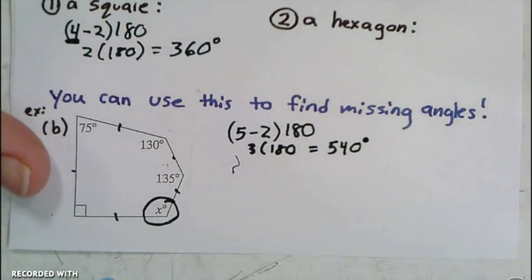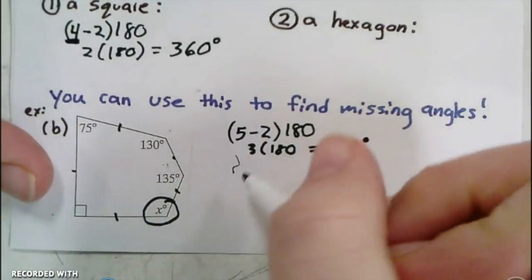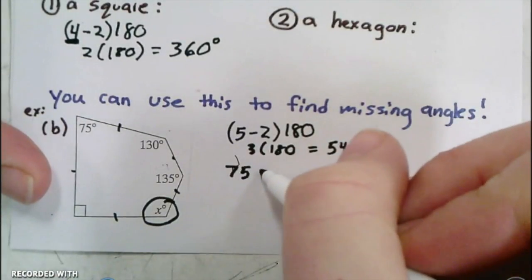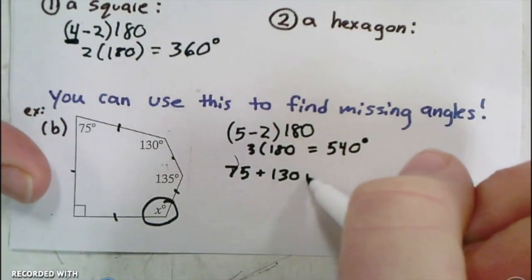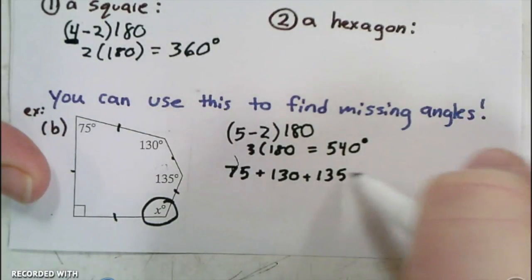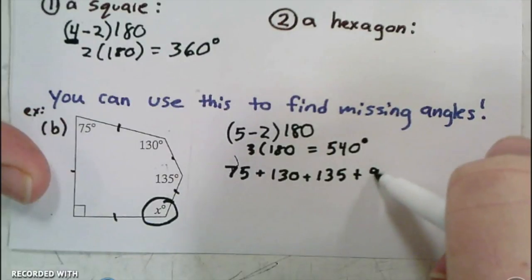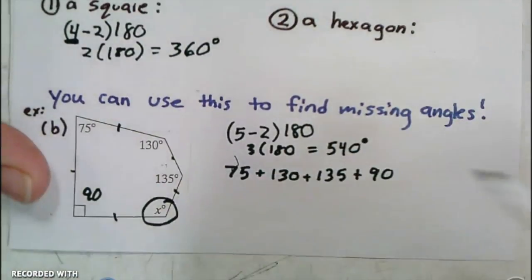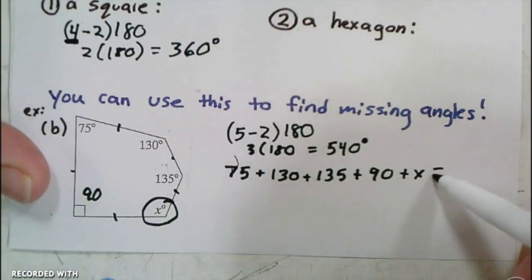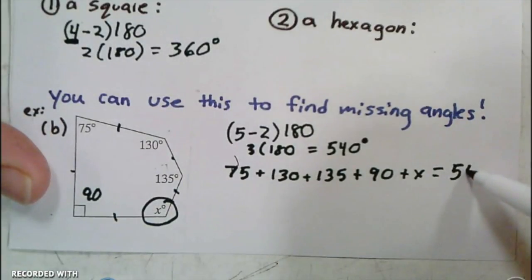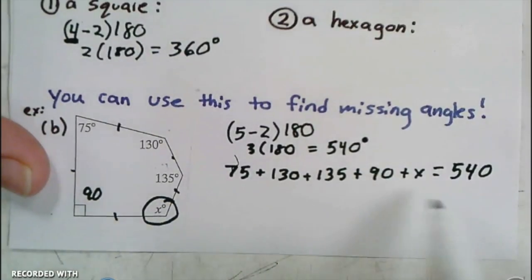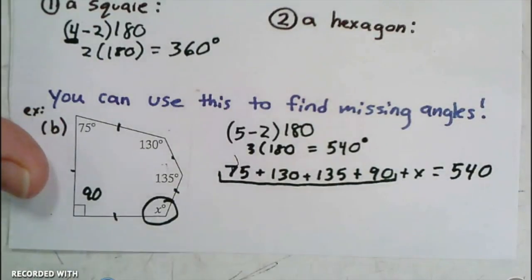So that's my first step. And now I'm going to write an equation to solve for x. So I know that 75 plus 130 plus 135 plus 90, because I remember that a right angle is 90 degrees, plus x is going to equal 540. And our rules for equations say to simplify first, so I'm going to add all of these like terms right here.